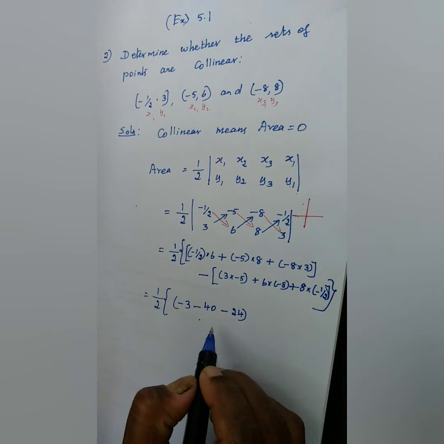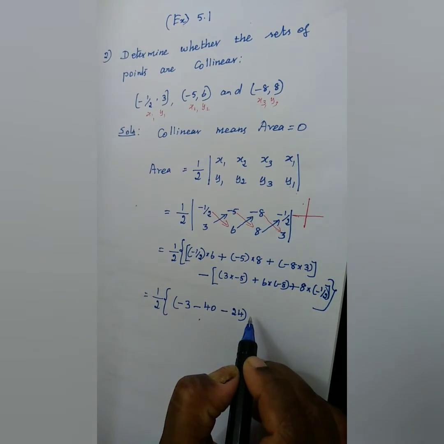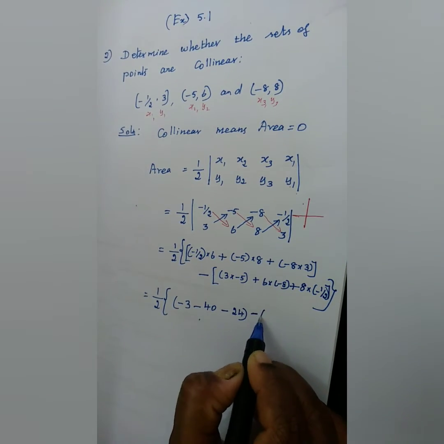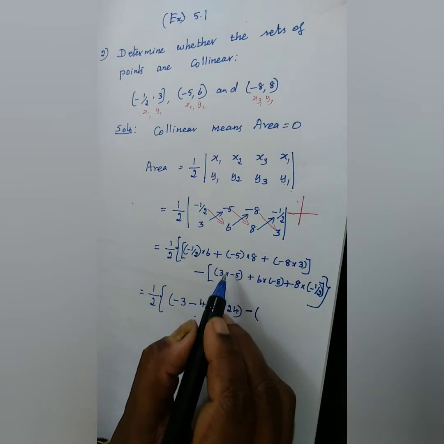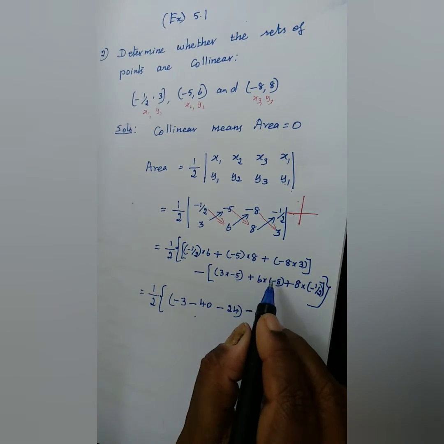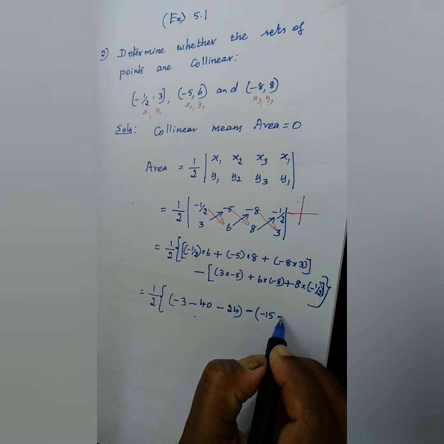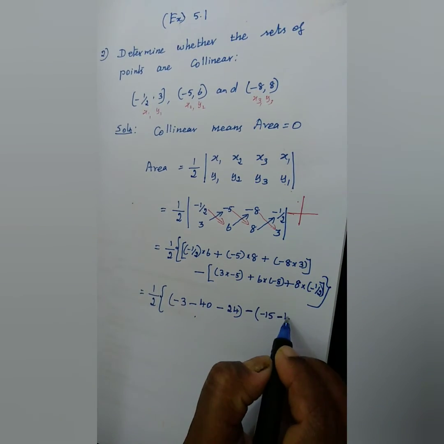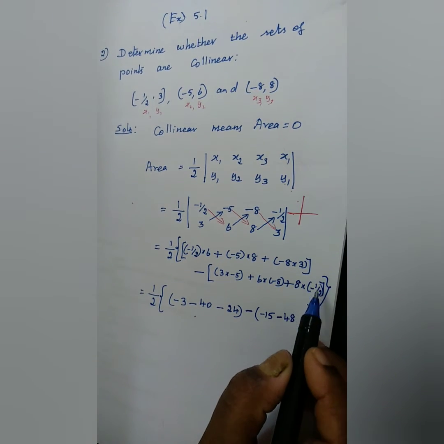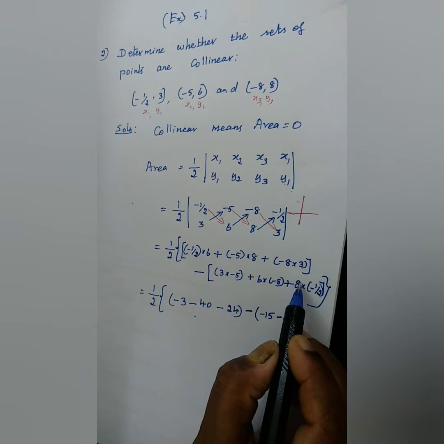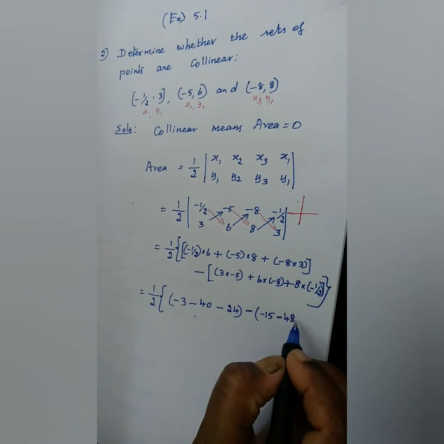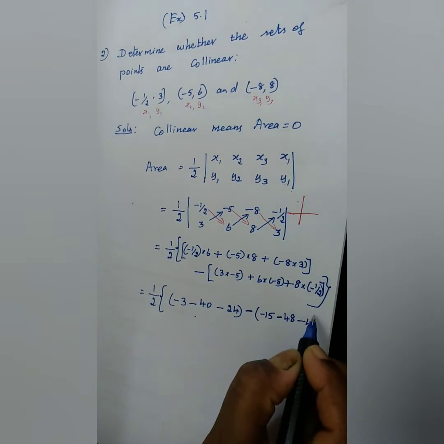Next set: 3 into minus 5, minus 15. 6 into minus 8, minus 48. 8 into minus 1 by 2: this 2 and this 8 will cancel, 4 will come, therefore 4 into minus 1, minus 4.